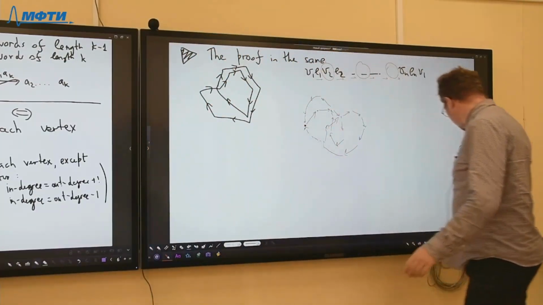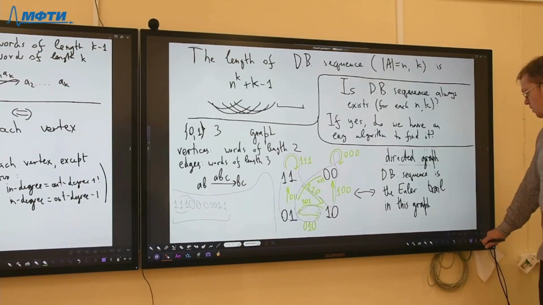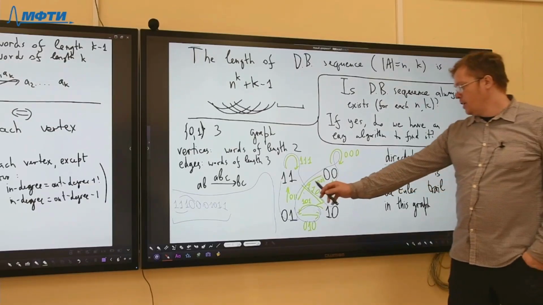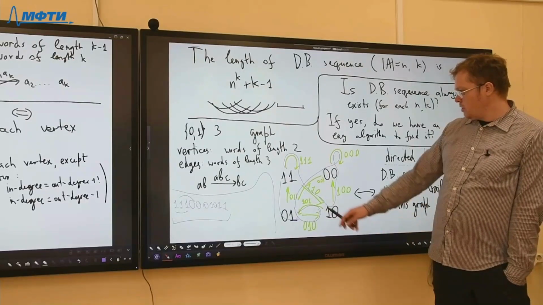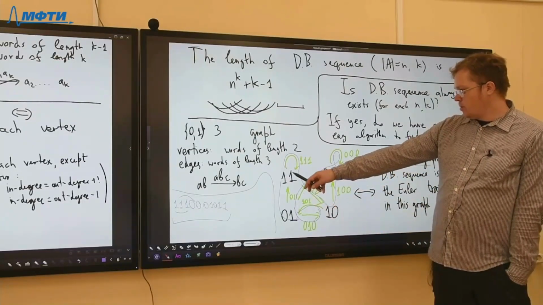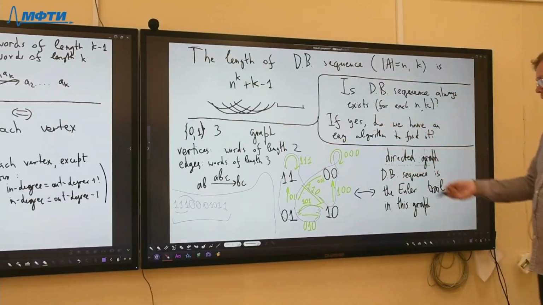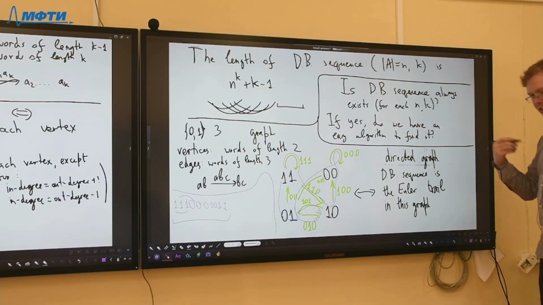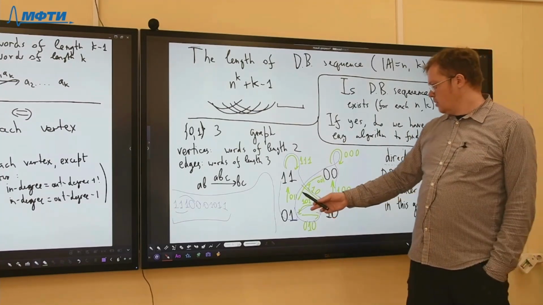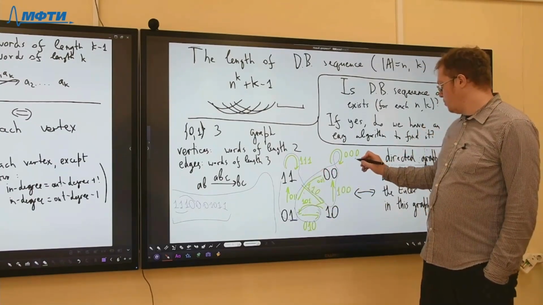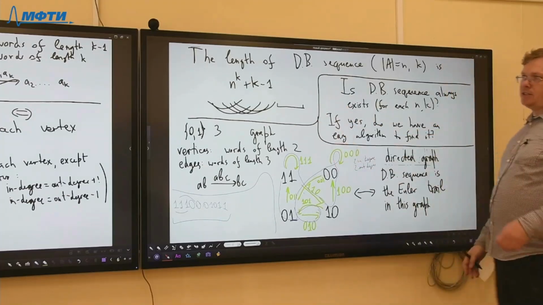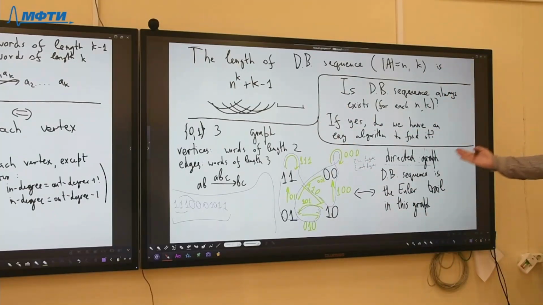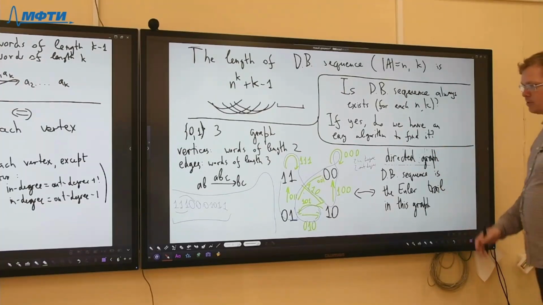We can see in this picture that each vertex has exactly 2 in and 2 out degrees, because, for example, all the loops count as both in degree and out degree. So for each of these vertices, we have 2 in degree and 2 out degree. They are the same, and from the theorem we obtain that we have an Euler circuit. And if we have an Euler circuit, we have an Euler trail, and this means that we have the De Bruijn sequence.